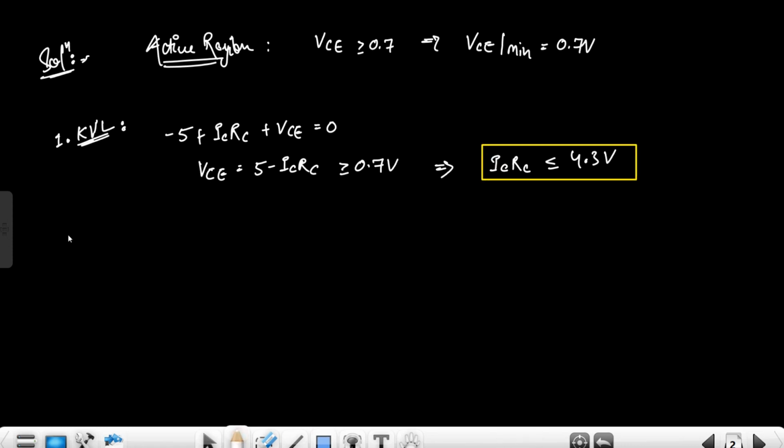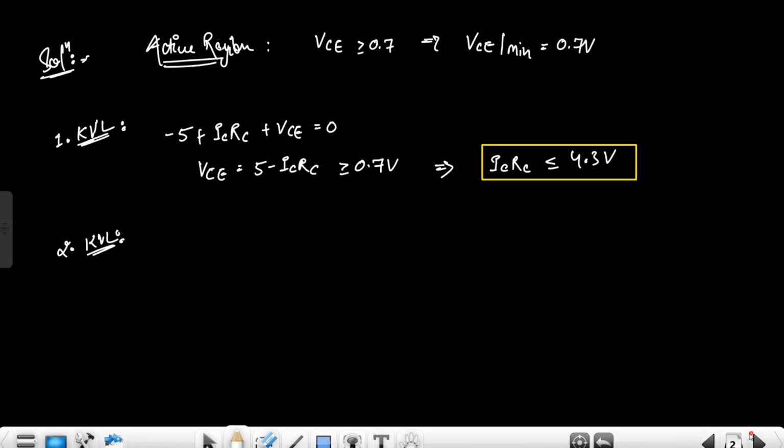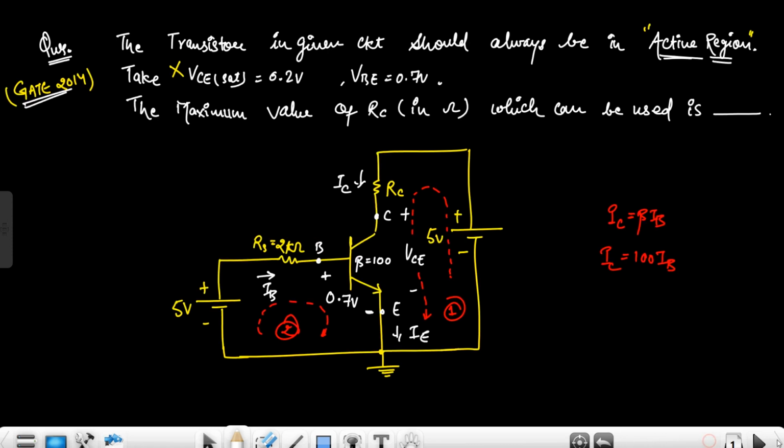Now in the second KVL, we apply -5 plus IB into RB plus 0.7 is equal to 0, and RB is given as 2 kilo.